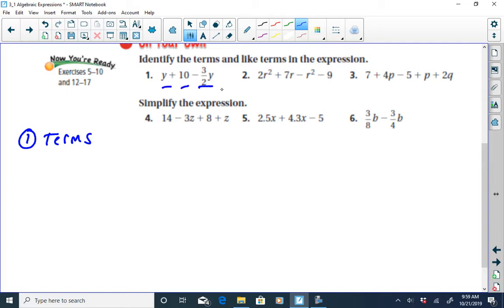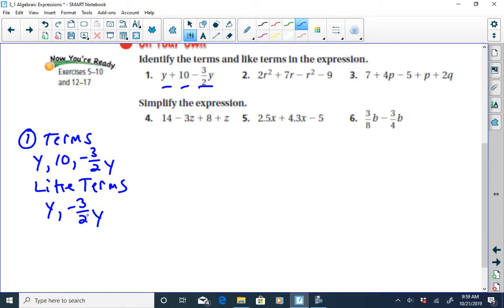So we have 3 terms in that expression. Your terms are y, 10, and negative 3/2 y. Your like terms are going to be the y and the negative 3/2 y because those terms share the same variable to the same power.